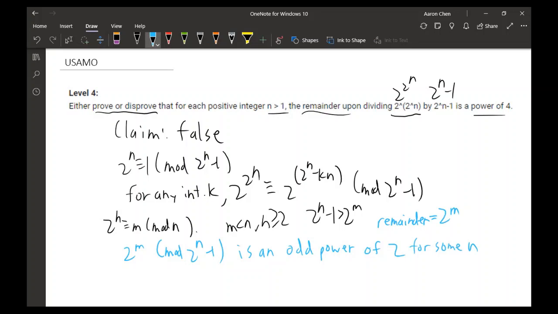If it's an odd power of 2, then since the powers of 4 are in the form 2 to the power of 2n for integers n, it's impossible for 2 to the power of m to be a power of 4. And that would prove that the problem is false.